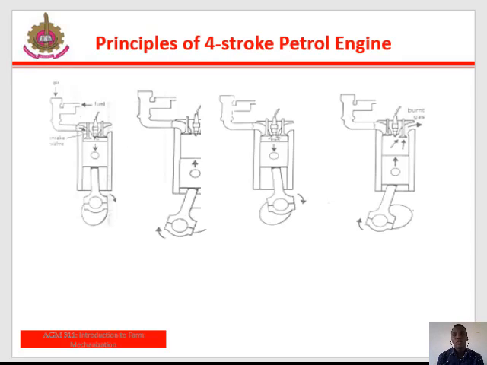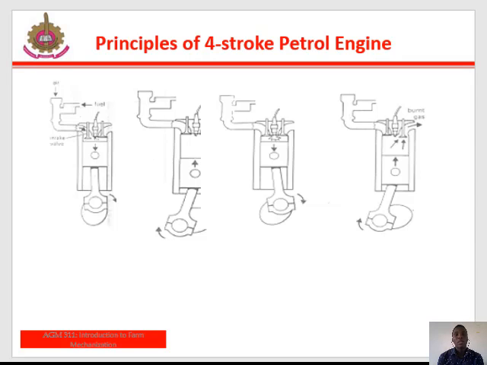Principle of a 4-stroke petrol engine. The images on the slide show the various activities that occur in the petrol engine. The first of those activities is the intake stroke, as shown in the first image on the left side of the slide.